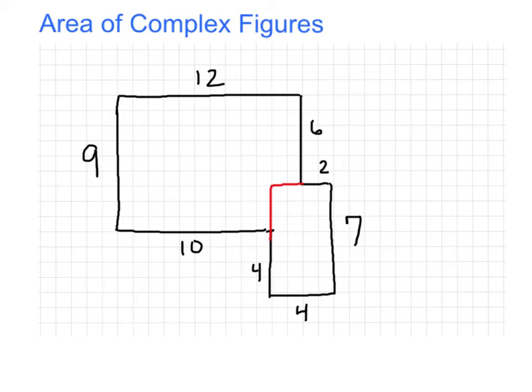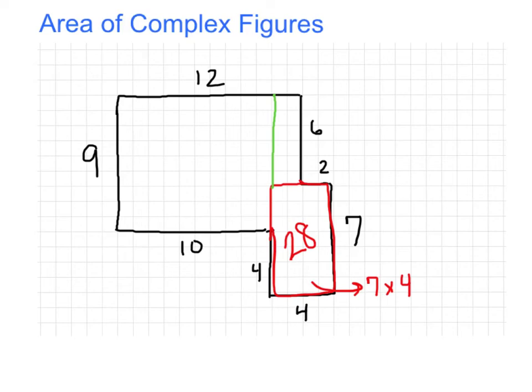What I then would also have to do to make another rectangle, so I have the rectangle that I'm going to line in red and say this is a 7 by 4 rectangle, which means that this area is going to be 28 units squared.